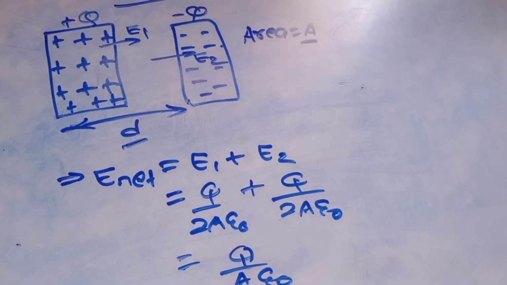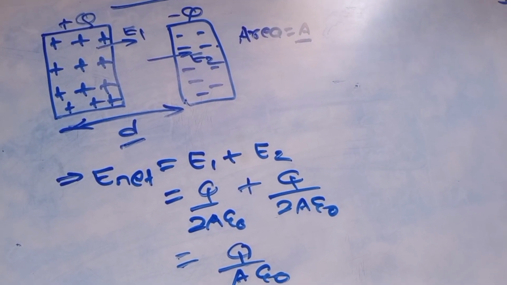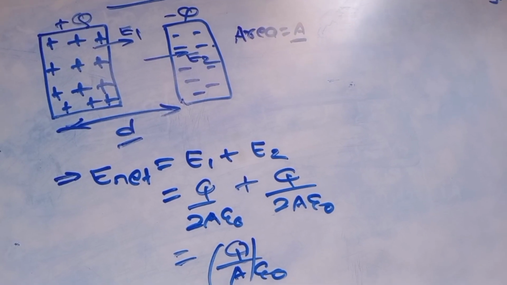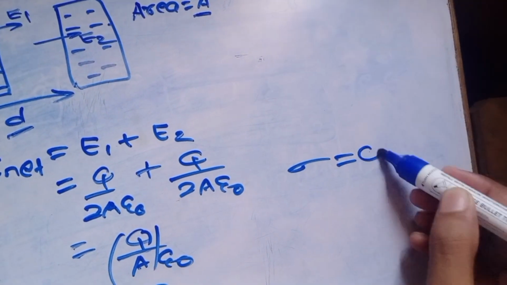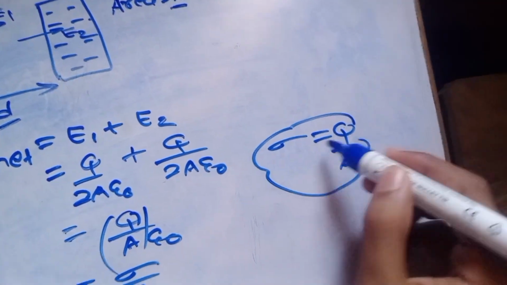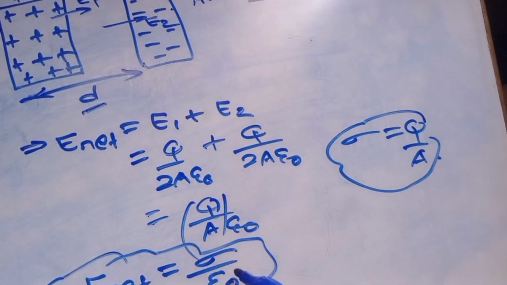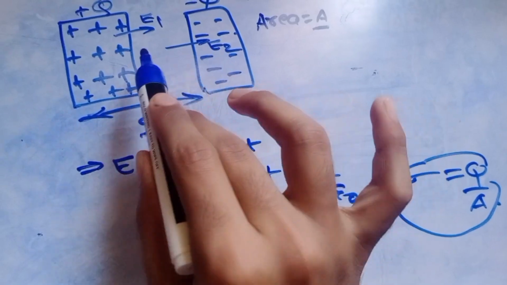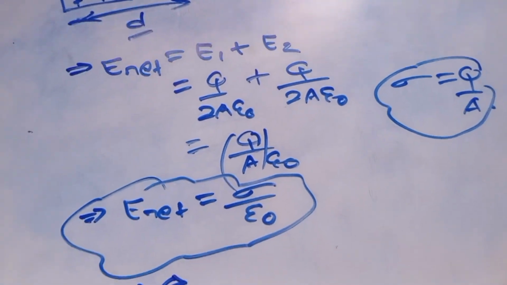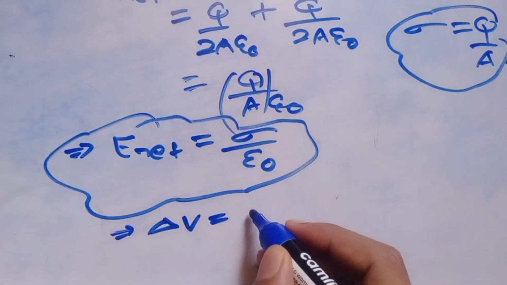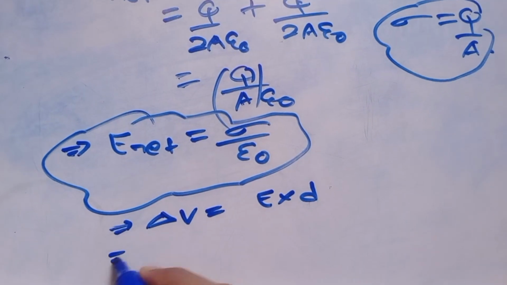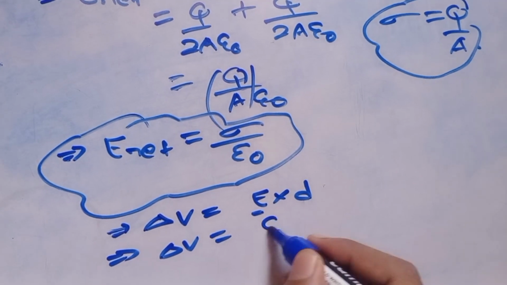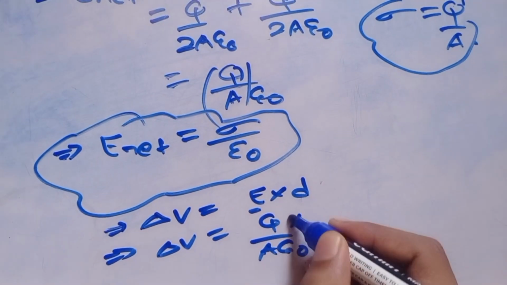So E net equals sigma divided by epsilon naught, where sigma is Q divided by A. So E net is sigma divided by epsilon naught between the parallel plates. Now delta V is E into D, so delta V equals Q divided by A epsilon naught into D.